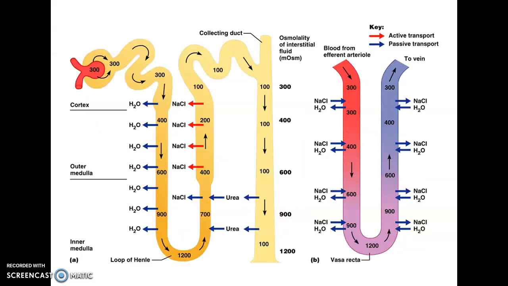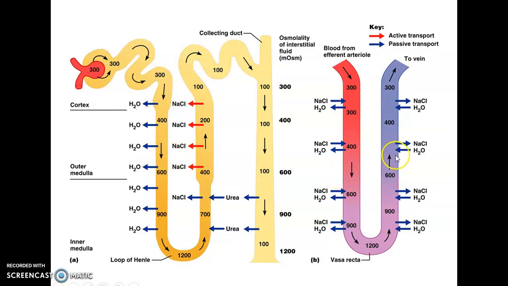If we have a look at this diagram, you can see this is the descending limb of Henle, right? And in this you can see the movement of filtrate is downward, whereas in the ascending limb the movement of filtrate is upward. So the movement in both limbs is opposite, or we can say they are counter current.